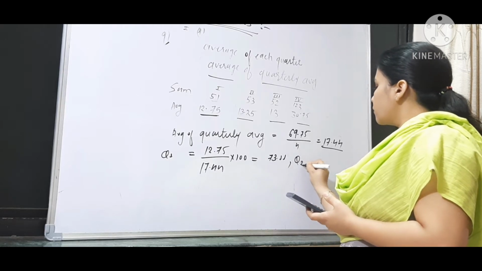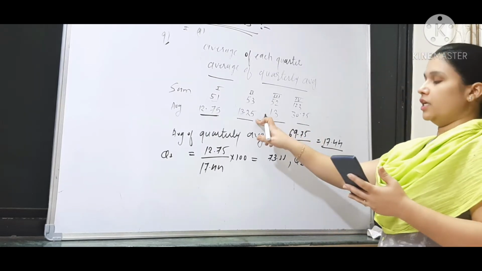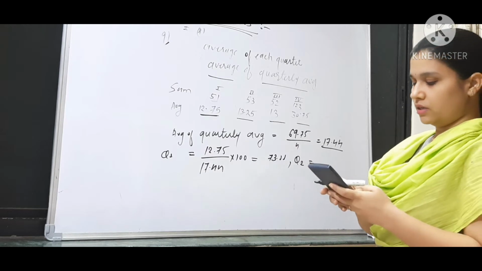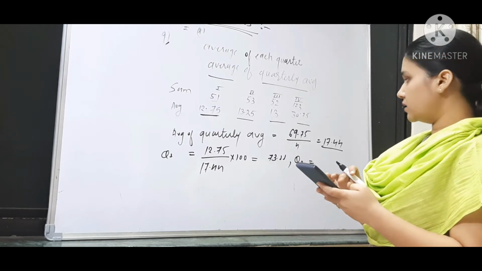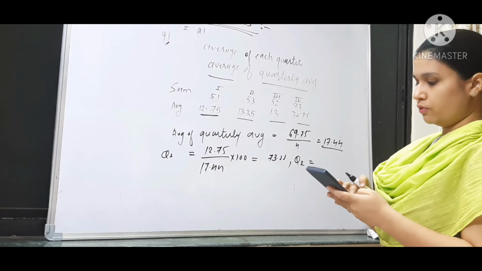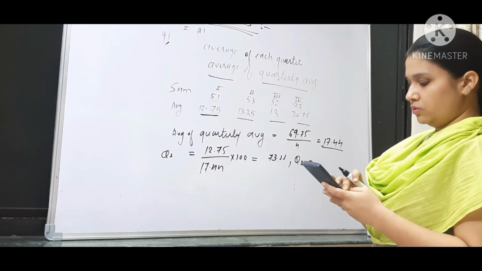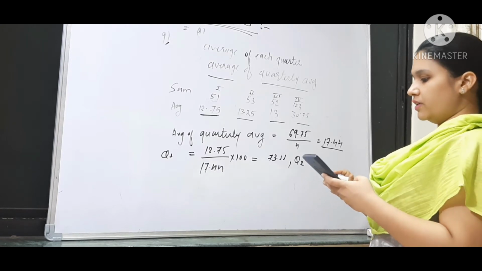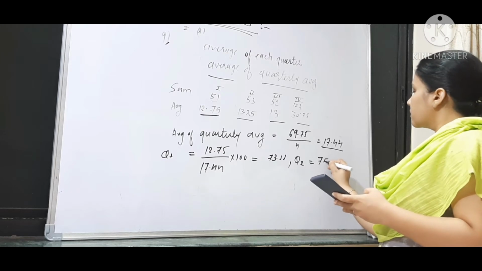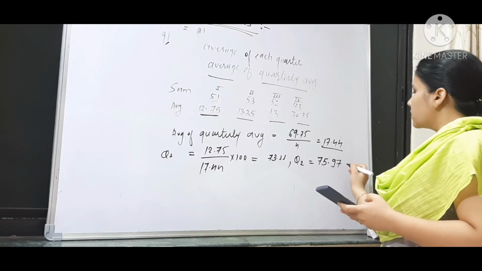Okay, for Q2, for the second quarter, 13.25 divided by 17.44 into 100, 75.97.